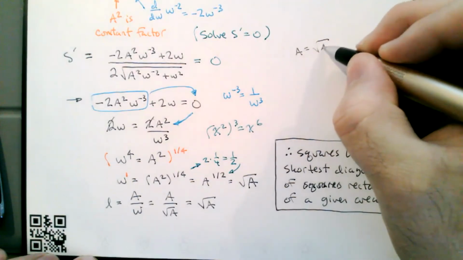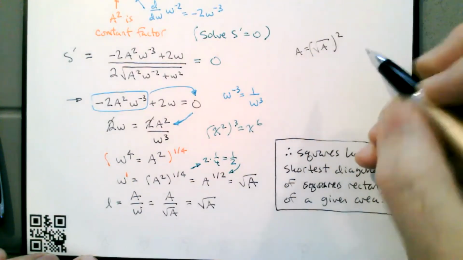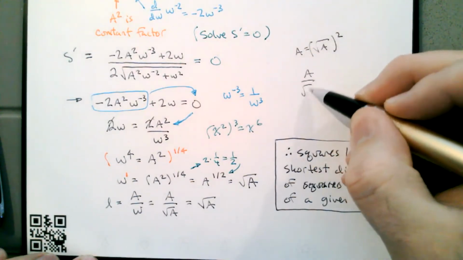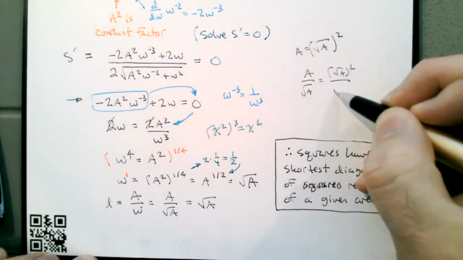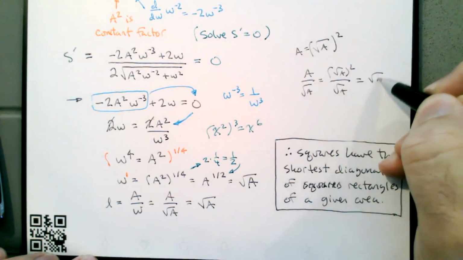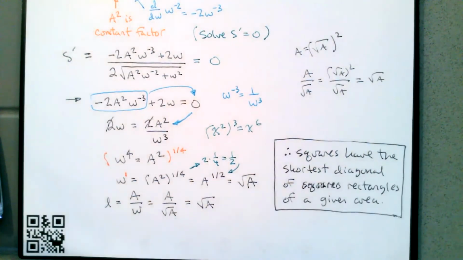So if we have a over the square root of a, that's the square root of a squared over the square root of a, which is the square root of a. Thank you. Also, when in doubt, remember a is constant, so just drop in a value for a. So if a is 25, the square root of 25 is 5. 25 over 5 is 5, which is the square root of 25.